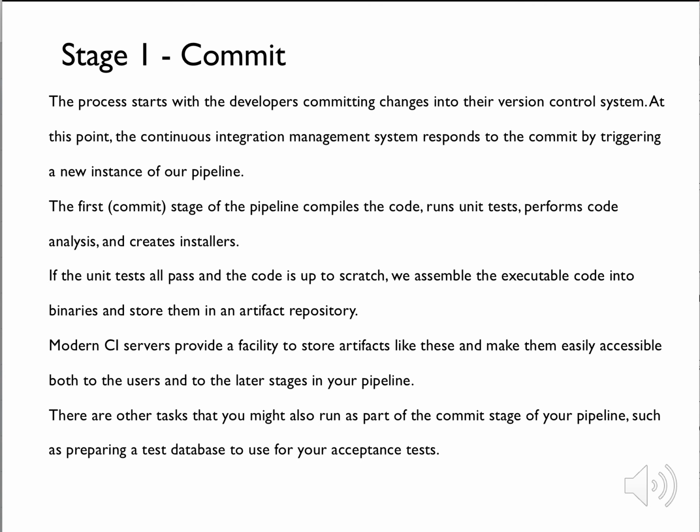If one person is checking in code, how can the next person check in? How can the scheduling of the build be done? Can multiple check-ins happen at one time? If so, which check-in should be taken up first, and which last? If one of the check-ins breaks the stage, who should take care of it? Continuous integration servers take care of all these things. Jenkins is one of the famous tools used in many organizations. So this is the commit stage.